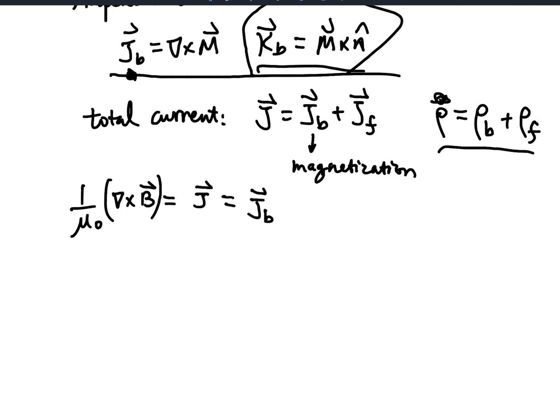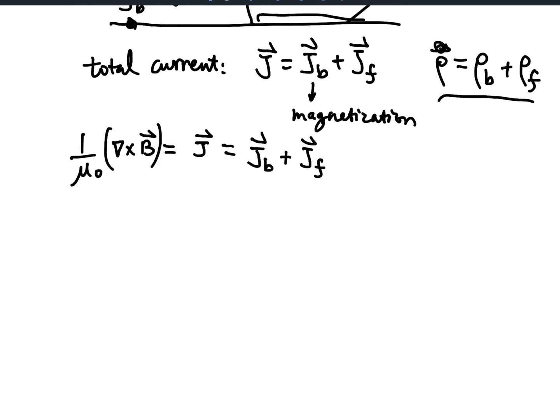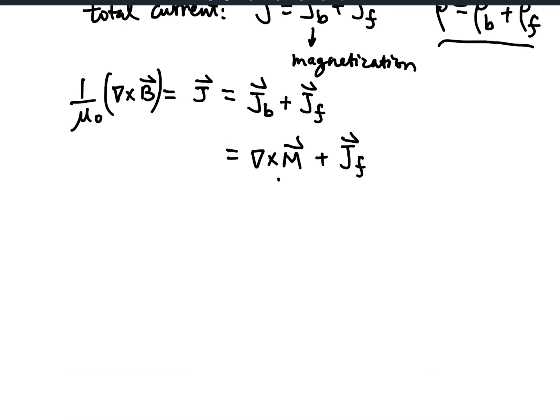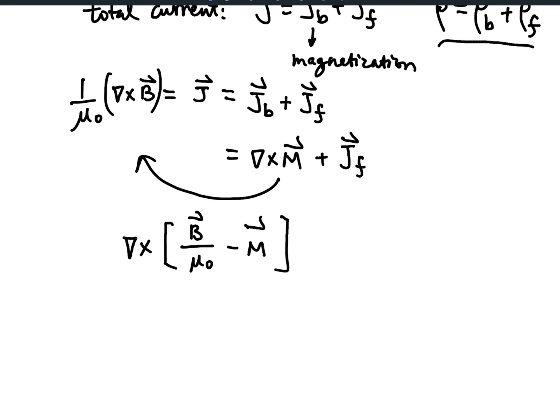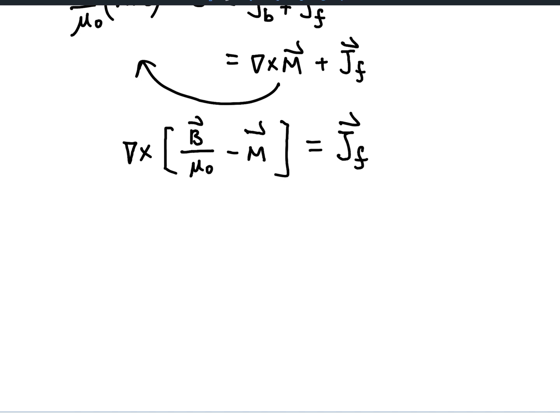This J of course includes the magnetization and also the free current, so they are both effects there. This is just del cross M plus J_F. Now we want to move this to the other side, so we really have del cross of B divided by mu 0 minus M equals J_F.